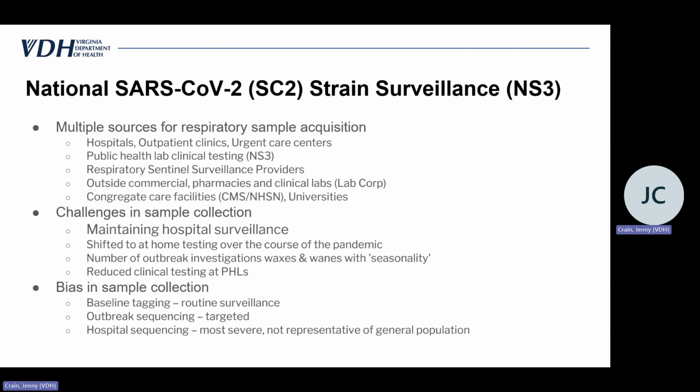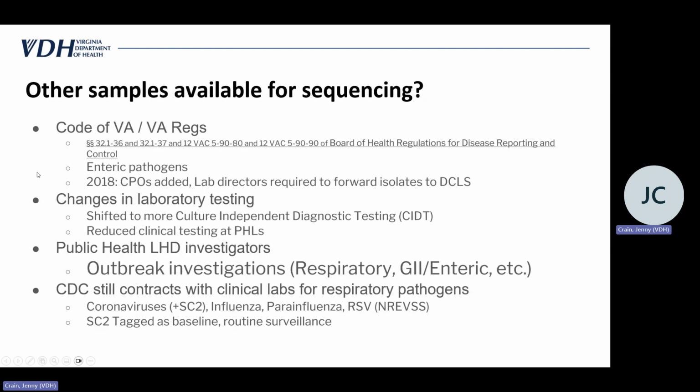So again, sampling is something that we continually strive to get a more representative sample across our whole state. So are there other sources of samples that are available for sequencing? One thing to note here is that the Code of Virginia, our Virginia regs, is really what guides which specimens are forwarded by law or required to be forwarded to our state public health lab.